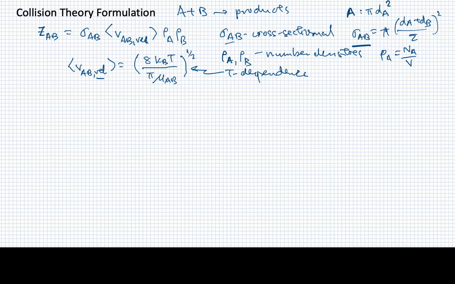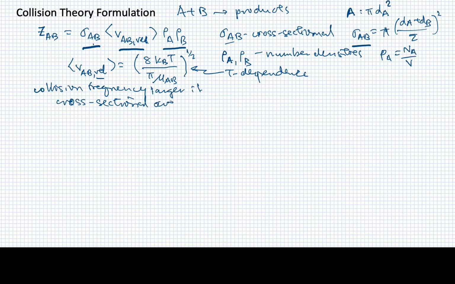Now, one of the things I'd like to do is pause for just a moment and make sure that these factors make sense. Okay, so what we're basically saying is that collision frequency is going to depend on these factors, and it will be larger if the cross-sectional area is larger. Okay, well that makes sense. Larger molecules are going to collide more frequently.